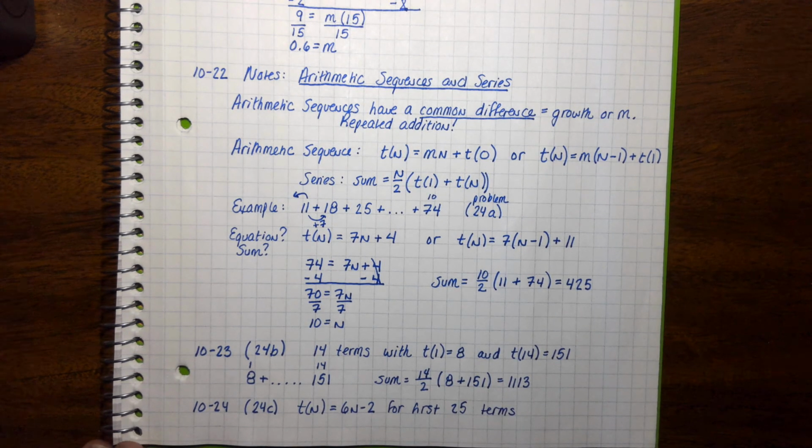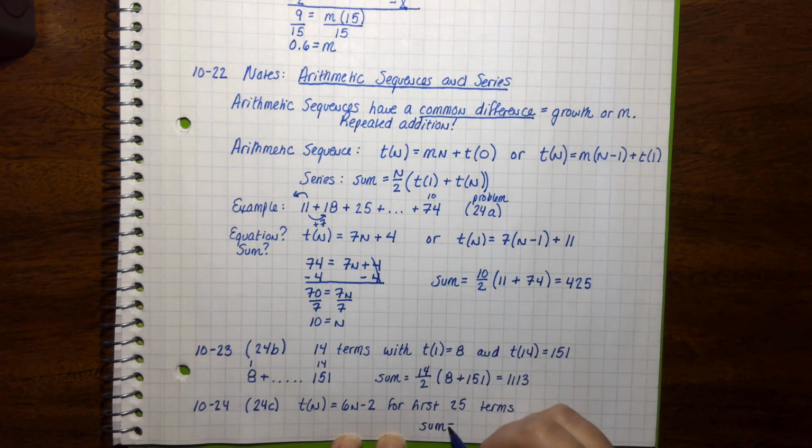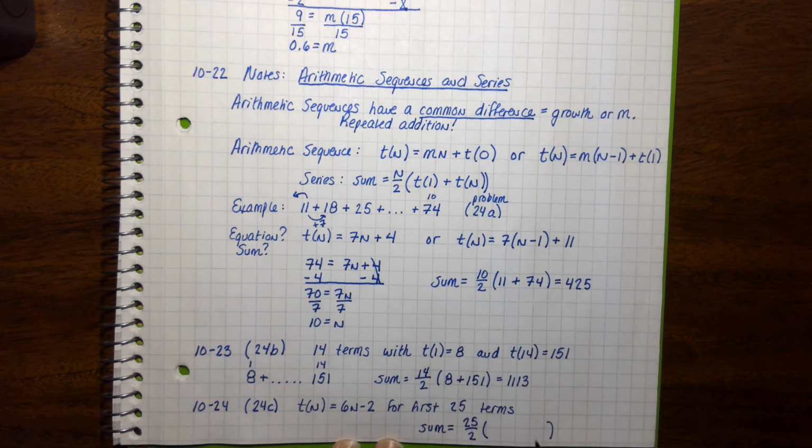Okay, so what do we know? We know the growth. We know n, there's 25 numbers, so we're going to have sum equals 25 over 2, something plus something.